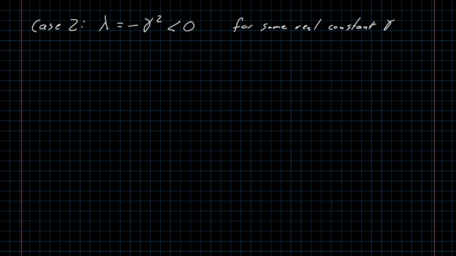And the nice thing about a real constant is that no matter what the number is, when you square it, it comes out positive. Any real number squared is positive. Take the opposite of that, and now we have a negative number. So by setting lambda equal to negative gamma squared, we can be assured that what we have is a negative number.